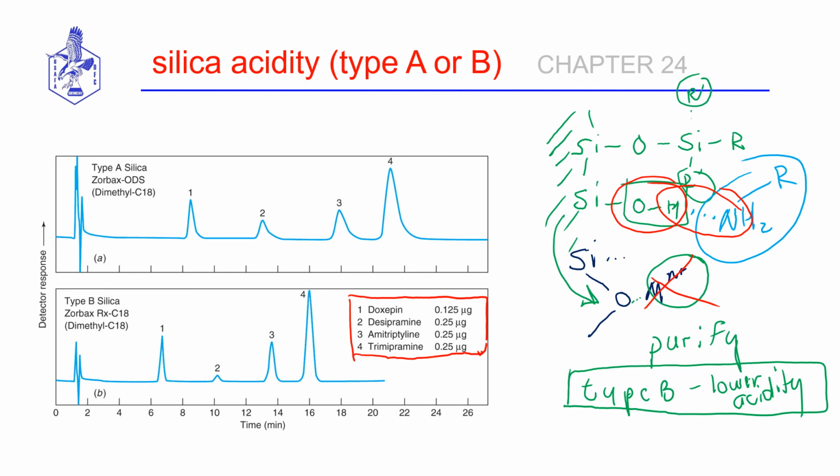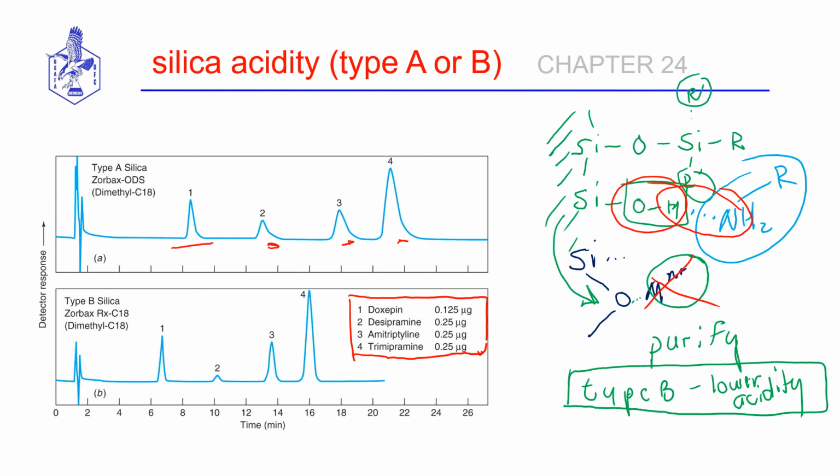And so on the type A silica, which is the more acidic, less expensive, notice the shape of your peaks coming off. You do have a fair amount of tailing here for all of these peaks, and they tend to be fairly broad.